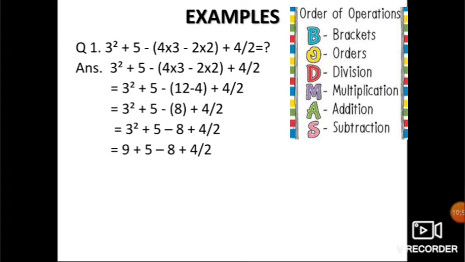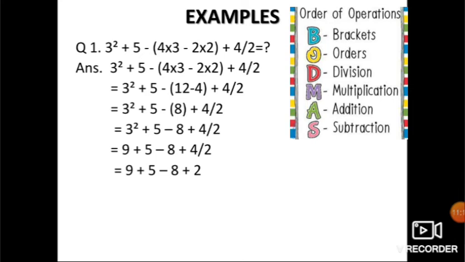The next mathematical operation which we can use based on the BODMAS rule is divide or division. Here we have 4 divided by 2, which is 2. So we are left with addition and subtraction.